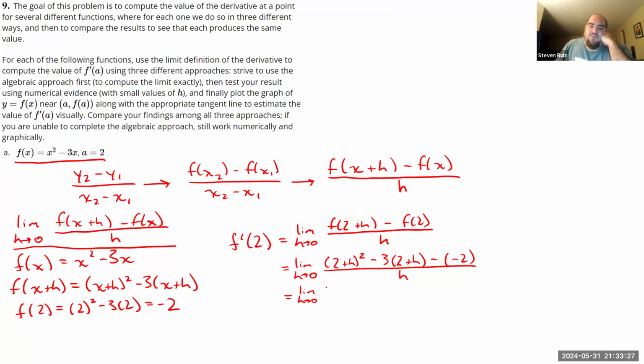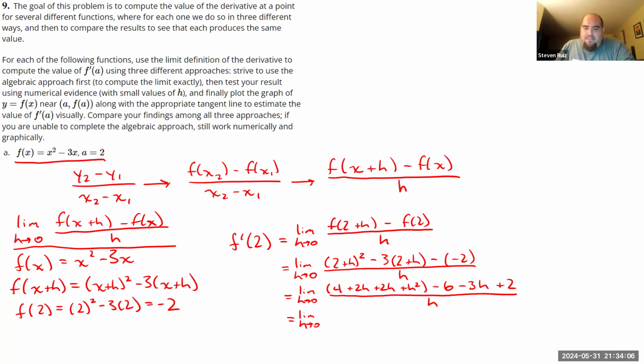What is 2 plus h squared? That should come out to be 4 plus 2h plus 2h plus h squared. Now distribute the 3 to the 2 and the h. So that's minus 6 minus 3h plus 2, all over h. I still can't evaluate the limit, so let's keep simplifying and combine like terms.